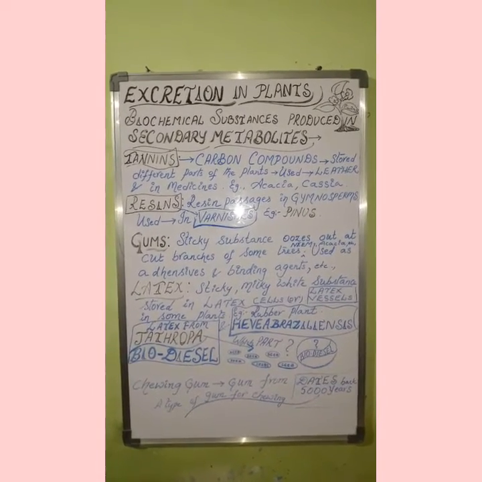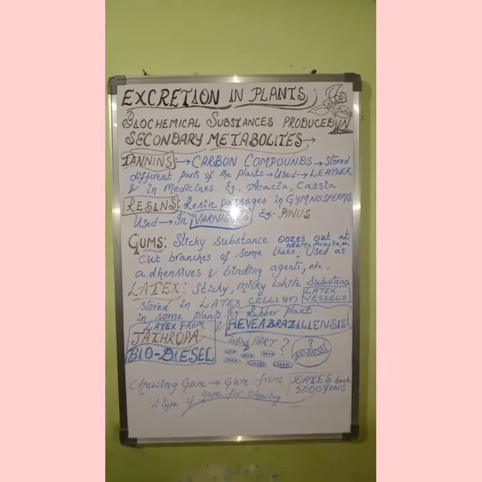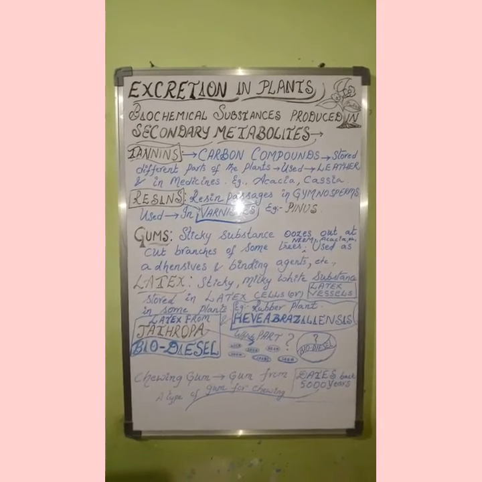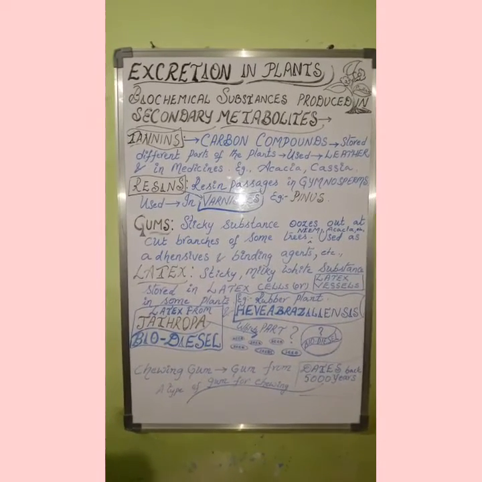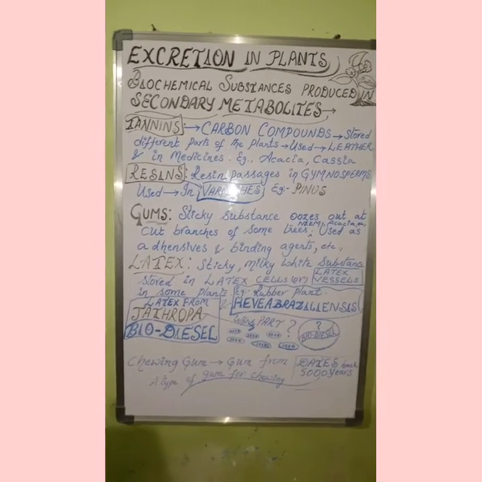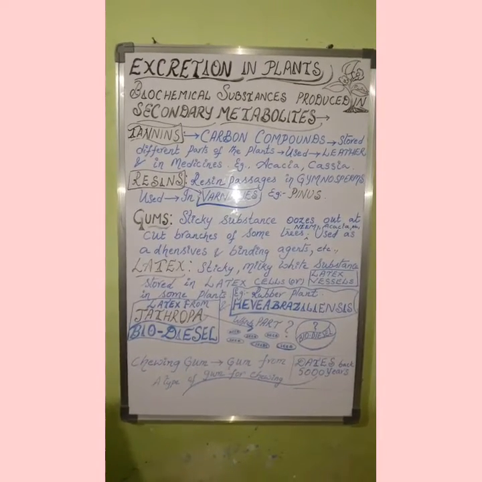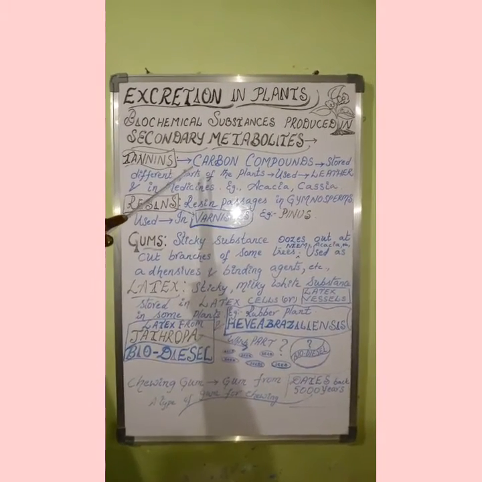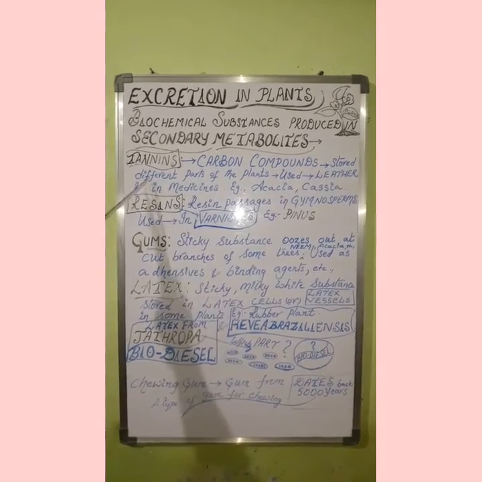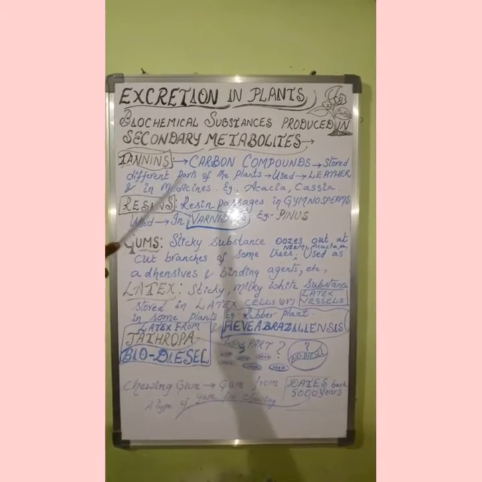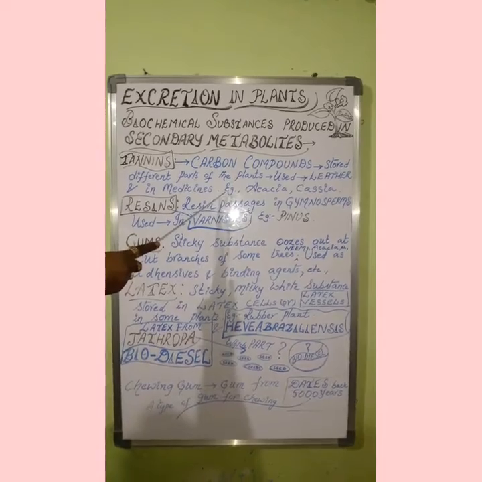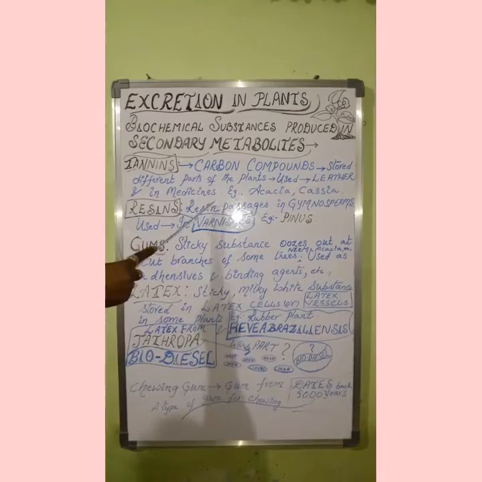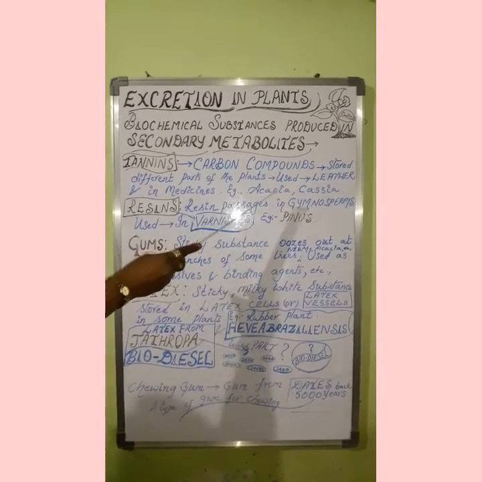Now let us see what other secondary metabolites are produced in plants and useful for mankind. In the last session, we studied alkaloids. Now let us see tannins. Tannins are carbon compounds stored in different parts of the plants, widely used in tanning of leather and medicines. Example, acacia and cassia.